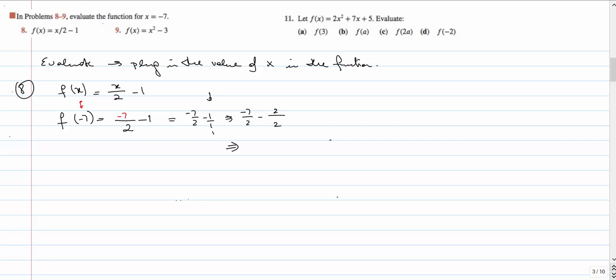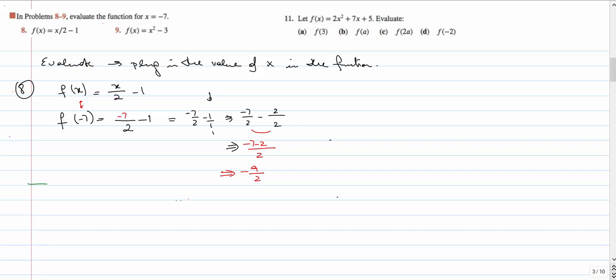You see, -2 over 2 is still -1. I'm just rewriting the problem in a different format. Once I have the denominators the same, the next step is combining -7 and -2 over 2. -9 over 2 will be the answer for problem 8.